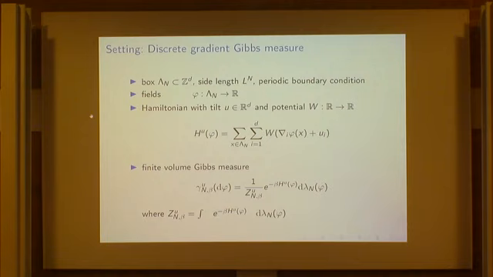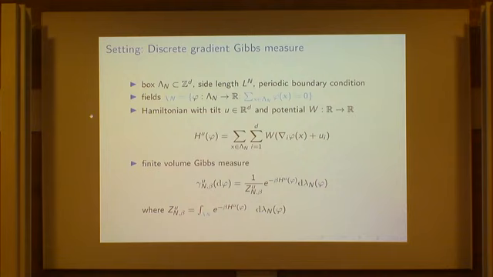Since the Hamiltonian depends on the gradients, this is only well defined if we restrict ourselves to gradient fields, or equivalently to usual fields modulo constants, or as done here, to fields which live in this set chi_n, which are fields which have vanishing average over the box. And then the dx is the Lebesgue measure? Yeah.